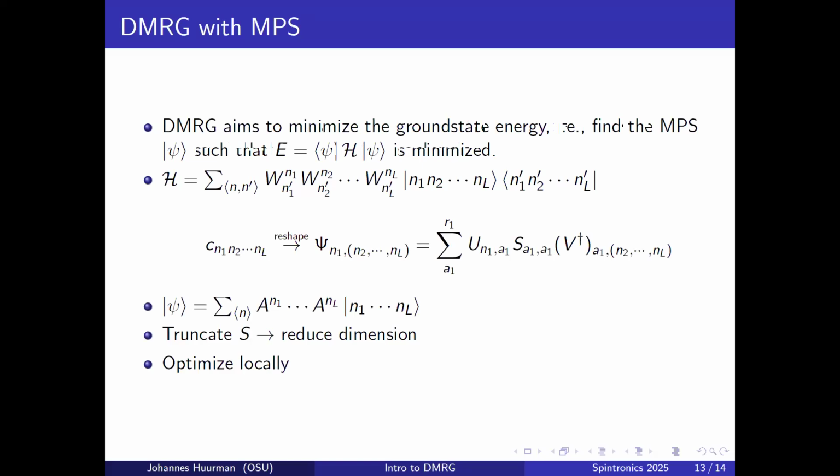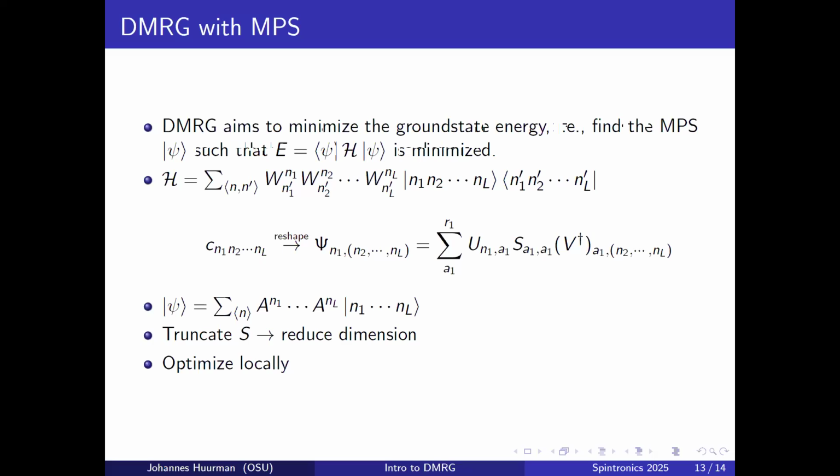And again, I also want to recall that what we do with matrix product states is we take this wave function amplitude and reshape it to this tensor, d by d^(l-1), and then we can do SVD of this psi, and we get the singular value matrix right here.